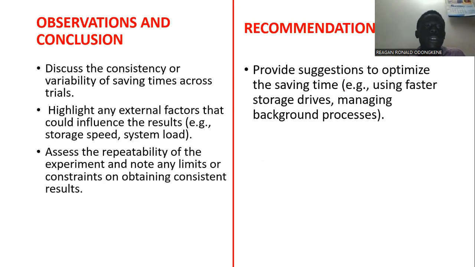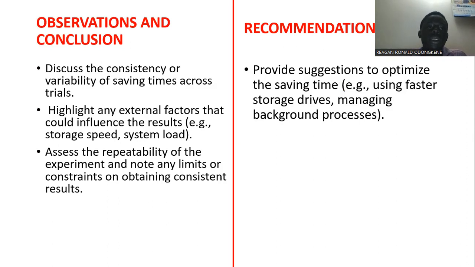Then the consistency and variability of saving times across trials: this is basically about the time it took to complete that process. It has been varying according to the changes you have made. The more the changes, the more time you take to complete the saving process.